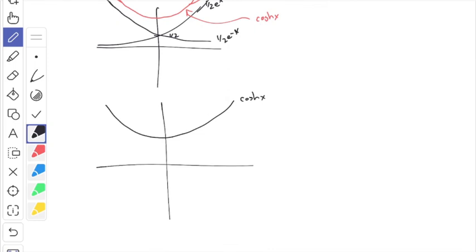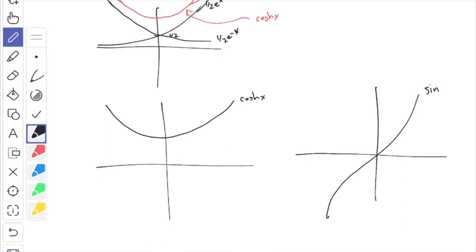For similar reasons, I'll just tell you what the graph of Cinch looks like. It looks like this. In this case, the Cinch is approaching 1/2 e to the x on the one hand, but negative 1/2 e to the x on the other hand, and so it has a different kind of shape.